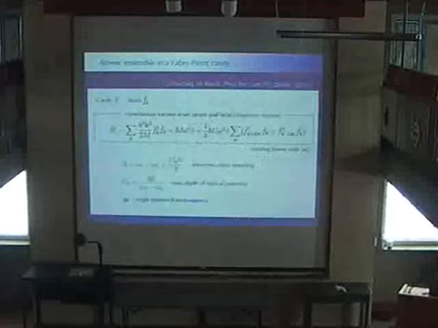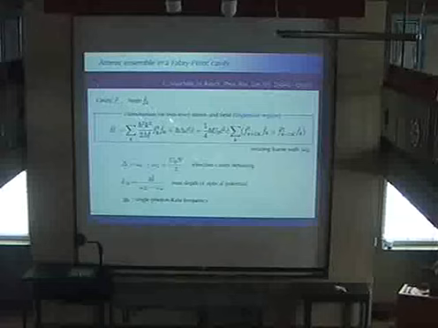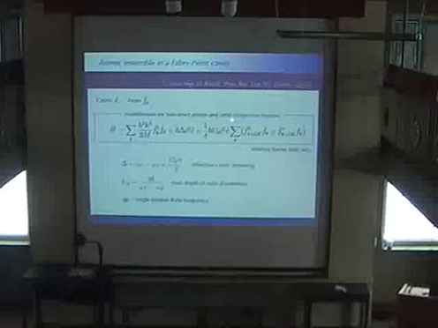So now we define the single-mode cavity photon annihilation operator C and the atomic field operator F sub k, where k is the momentum of the atoms. Then the Hamiltonian for two-level atoms and the field in the dispersive regime is written like this.